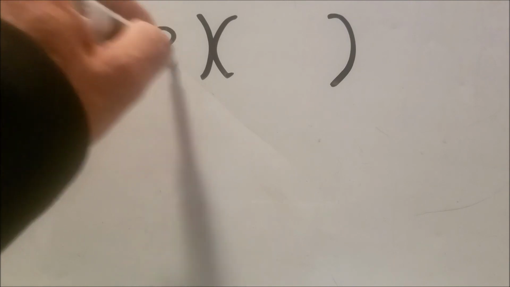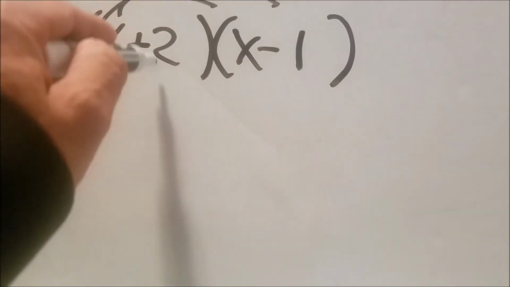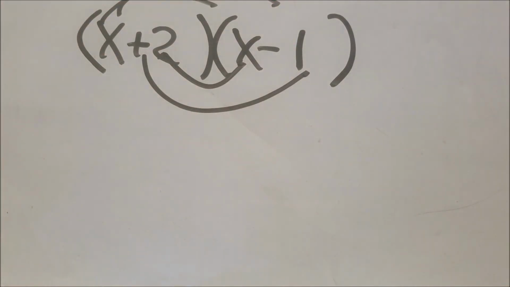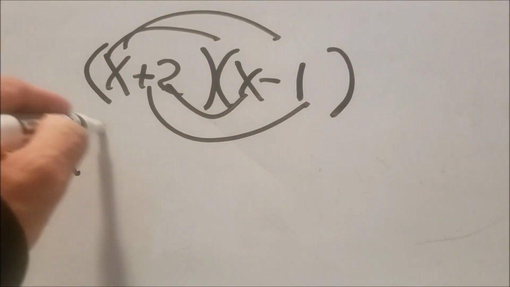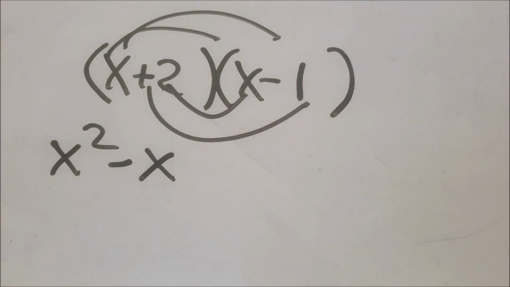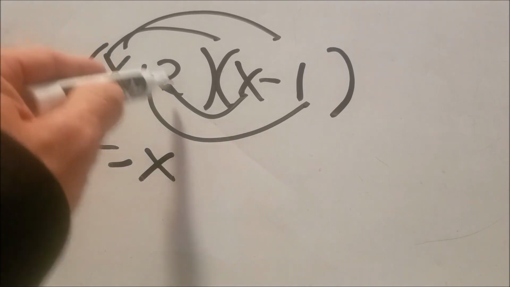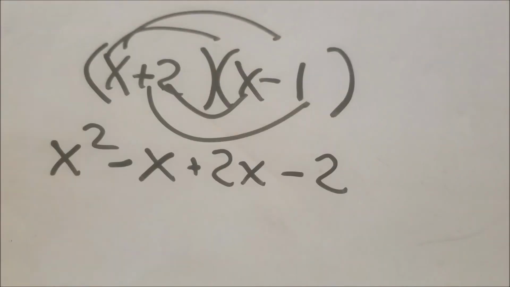Let's do another multiplication of binomials with FOIL. You should know FOIL from Algebra 1. Let's just do it in case you don't remember. So it's first, outside, inside, last. So you want to do x times x, which is x squared. And then x times negative 1 is just negative x, or negative 1x, but you don't need the 1. 2 times x is 2x, and 2 times negative 1 is negative 2.